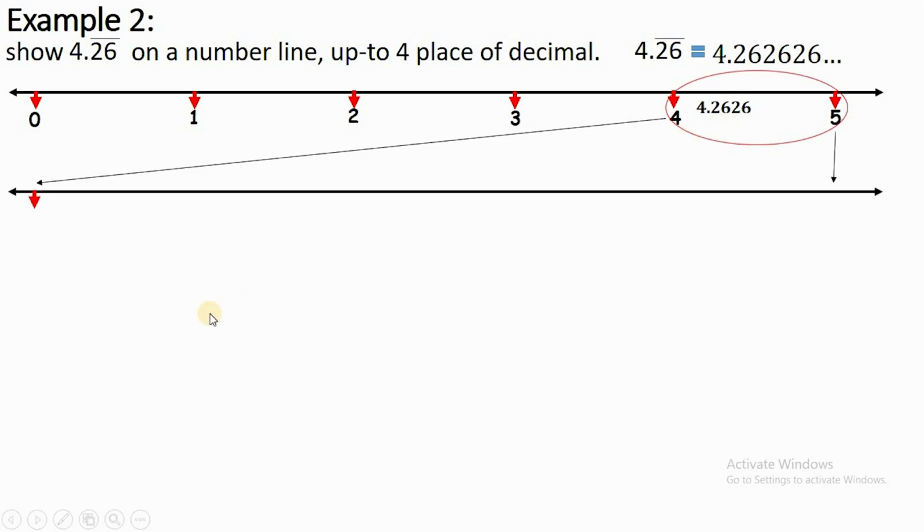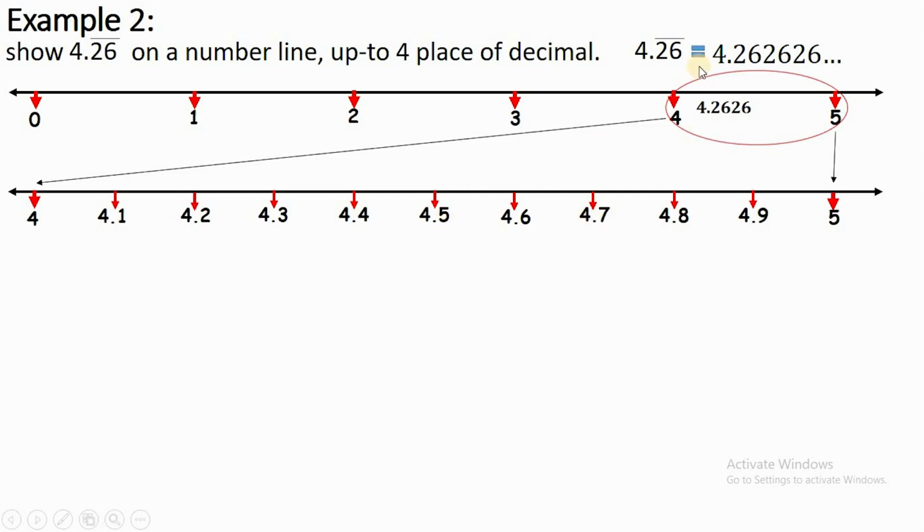We'll write 4 here and 5 over here, and we'll divide the given line in 10 equal parts. And this one represents 4.1, 4.2, 4.3, 4.4, 4.5, 4.6, 4.7, 4.8 and 4.9, and last we have 5.